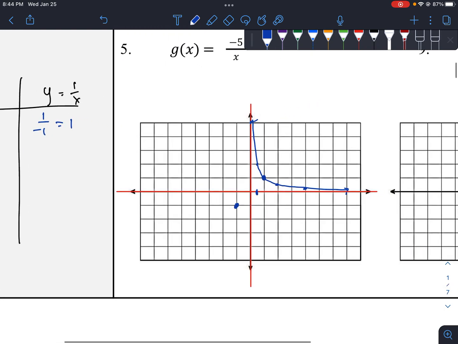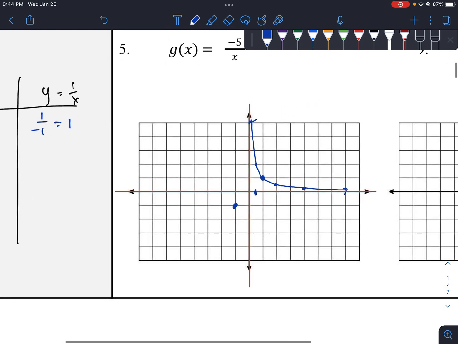Okay, now I usually don't graph the other branch because these functions are actually symmetrical about the diagonal line that's right here that runs through the intersection of the asymptotes. So this point, which came from going right 1, up 1, there's actually going to be a point left 1, down 1.